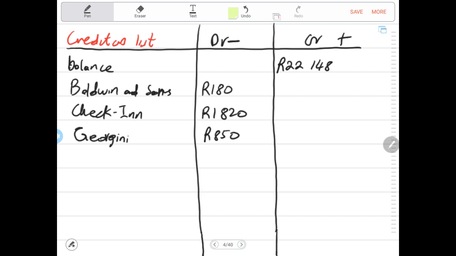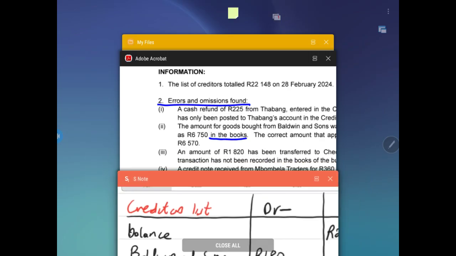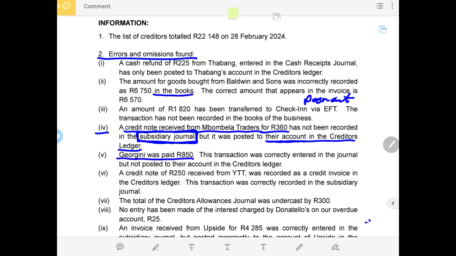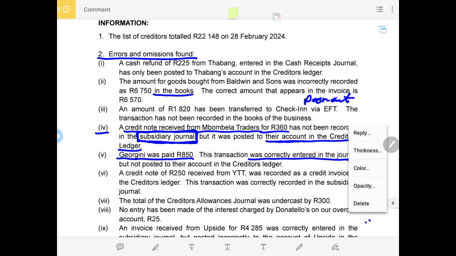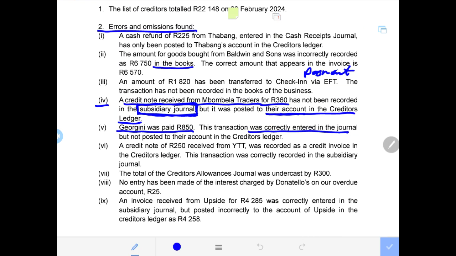So the account of Georgina must decrease by 850 to indicate that we have made a payment to them. But creditors control is not affected because the transaction was correctly entered in the journal. I emphasize that we record from the journal to the creditors ledger account. So if the journal is correct, then the creditors ledger account will not be touched.